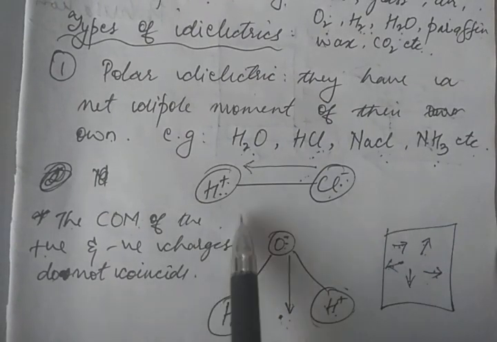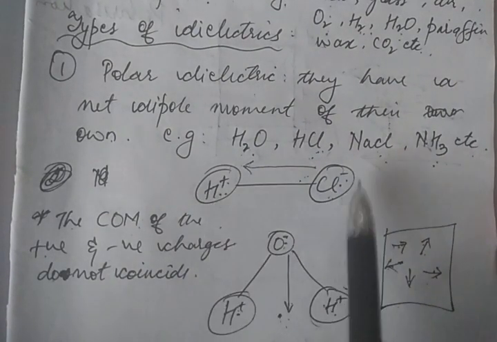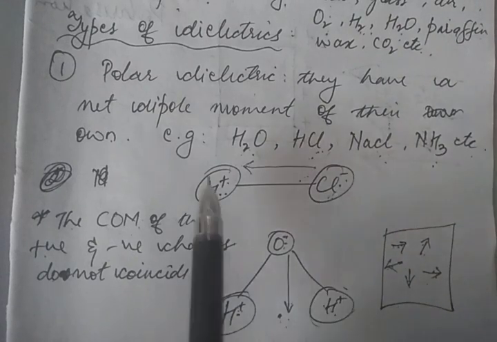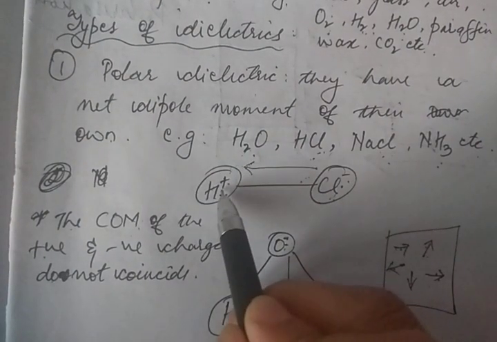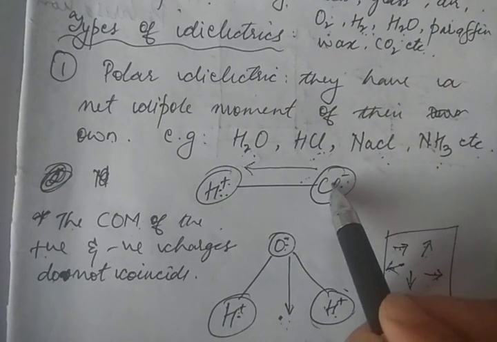Now let us take for example HCl. So you have a positive ion H plus and a negative ion Cl minus. The center of mass of the H plus is somewhere over here, and the center of mass of the negative charge Cl is over here.